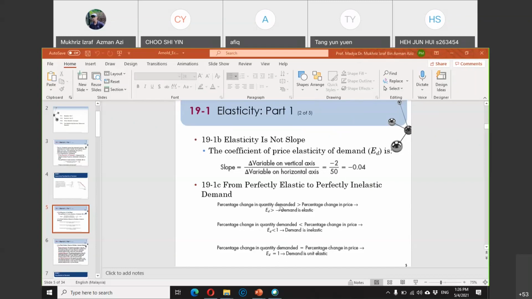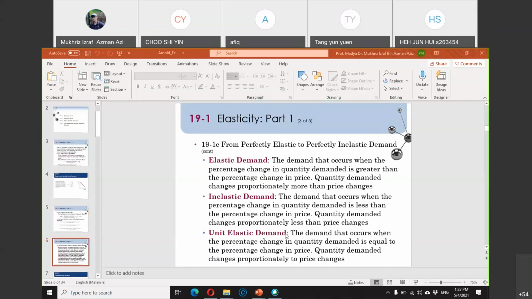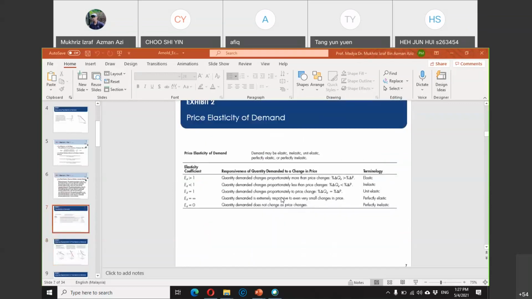Mostly you're going to get between these two: more than 1, like 1.1, 1.2, 2 point anything, or less than 1, meaning 0 point something, like 0.1, 0.2, 0.3. These are the two most common ones. Sometimes you may get exactly 1, which is unit elastic. Also you can have what we call the extreme cases.